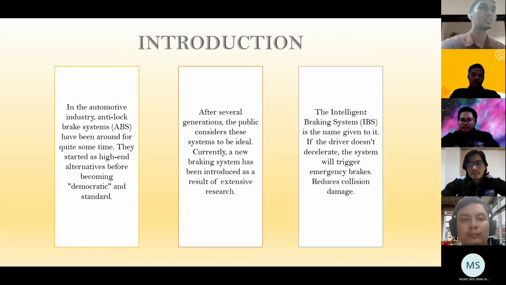Currently, a new braking system has been introduced as a result of extensive research. The intelligent braking system, IBS, is the name given to it. If the driver does not decelerate, the system will trigger an emergency brake and reduce collision damage. Next, I will pass to the next member.